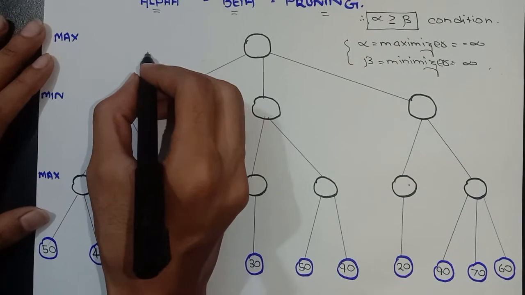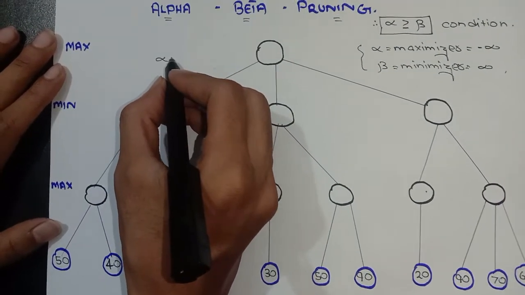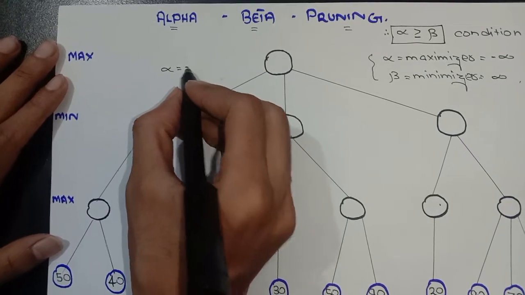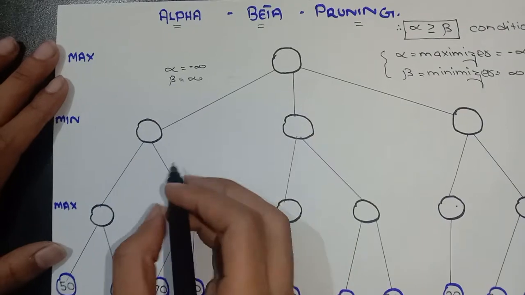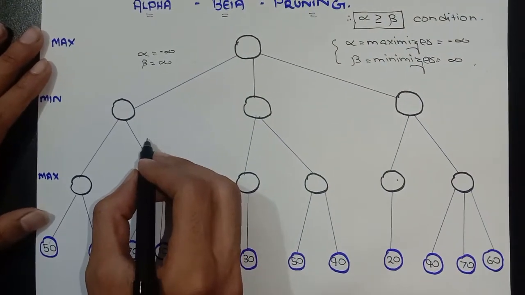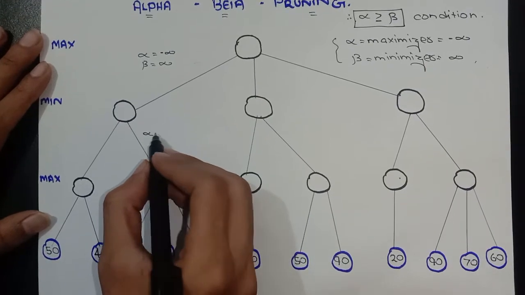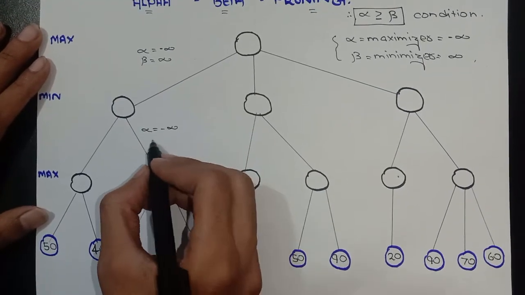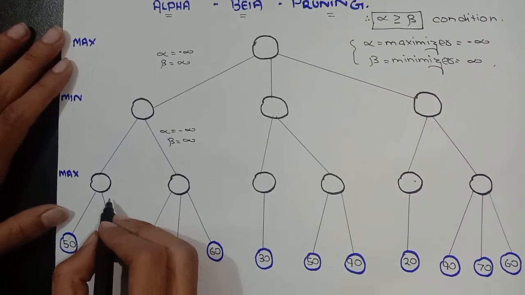So guys, in alpha beta pruning we have levels: the first level is considered maximum, the second level is minimum, the third level is again maximum, the fourth level is minimum, and the same sequence continues. So on each level I have to write alpha equals minus infinity and beta equals infinity.